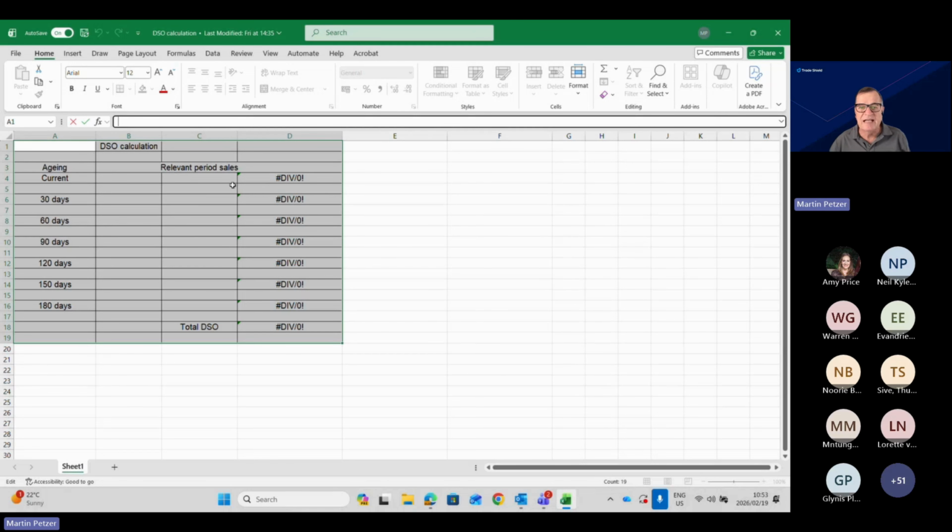The actual sales value of that month will go in there, and you'll divide into the value of the current or the value of the 30 days. It will give you a number that will probably be very close to 30 days, or 37 days, or 32 days. Or if you receive payment before the time already, it might be lower than 30 days.